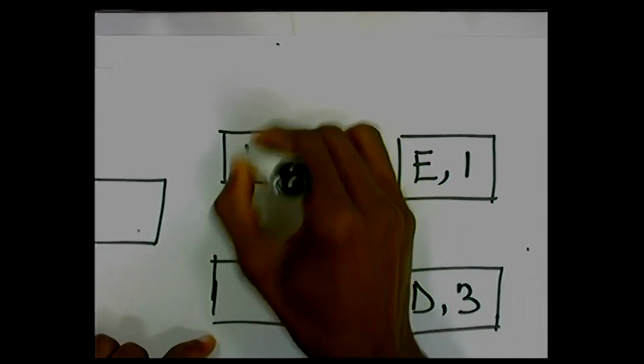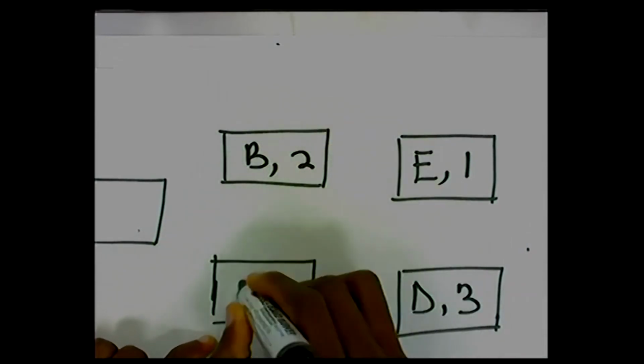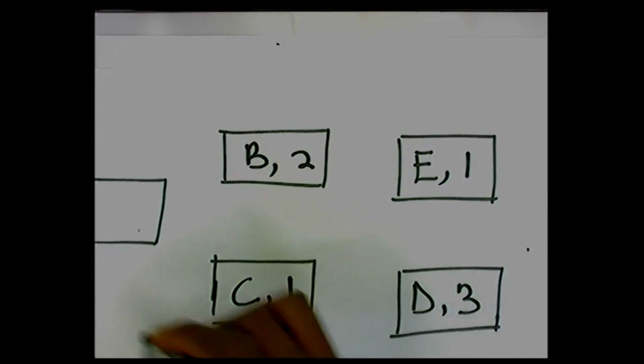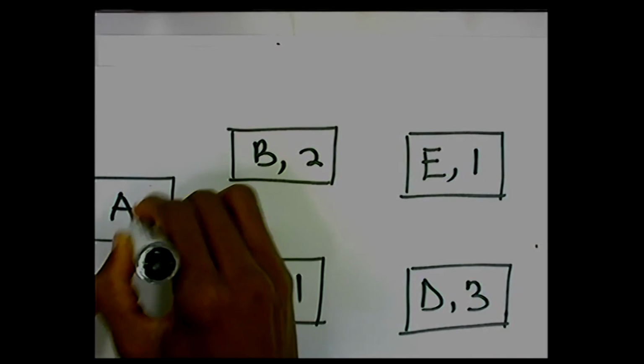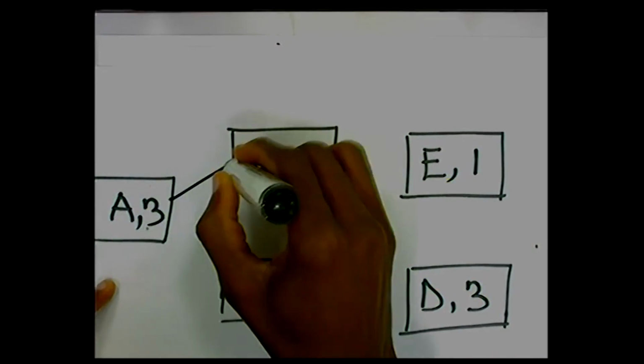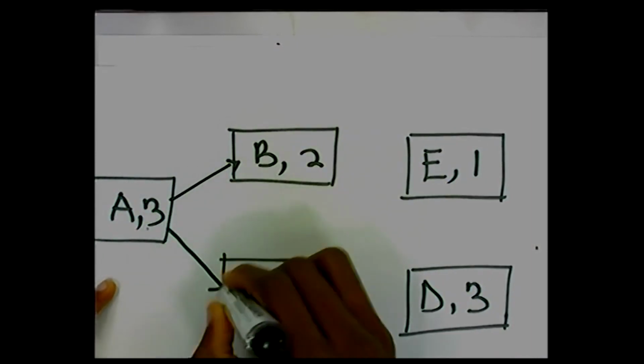And you have D, and it has 3 months. Then I have my B, it has 2 months. And I have C, which has 1 month. And then A also has 3 months. So I just connect the arrows like this and like that.